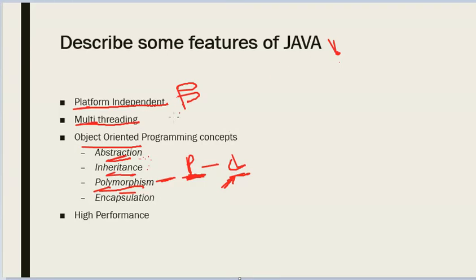So what is the last concept of object orientation in Java? It's encapsulation. Encapsulation is something like hiding. You want to hide the data inside your class, and then you provide some public getter and setter functions to change that data, for example.